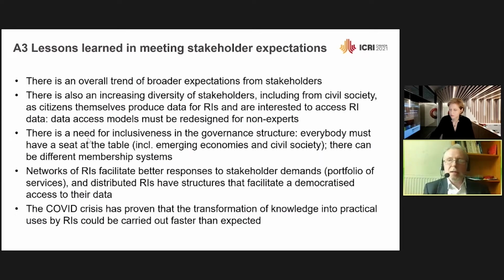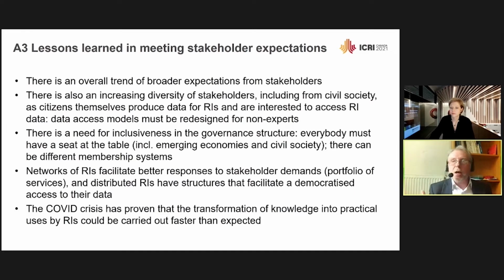There is also this increasing diversity of stakeholders, including from civil society, and that's probably new because citizens themselves now produce data for research infrastructure. We had very good examples from biodiversity, but also in Arctic research with local communities, both providing data and being interested in using the data.